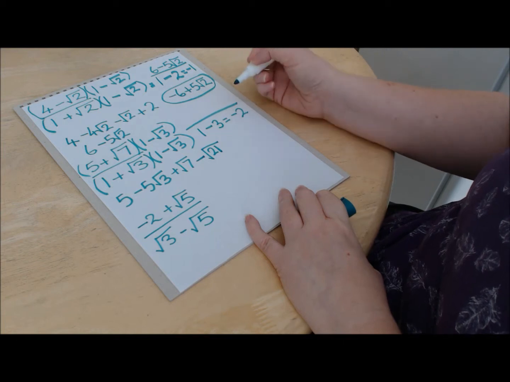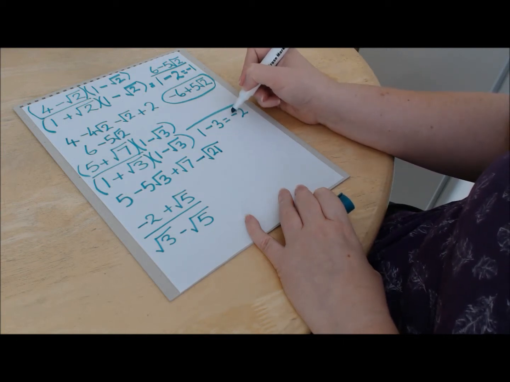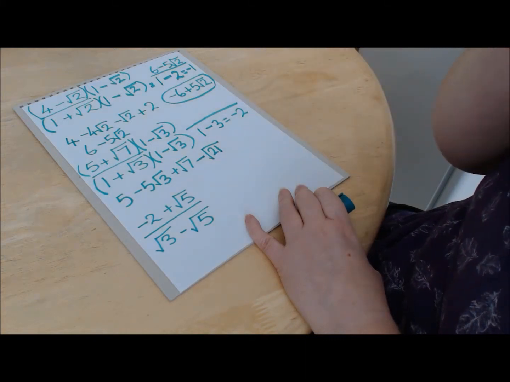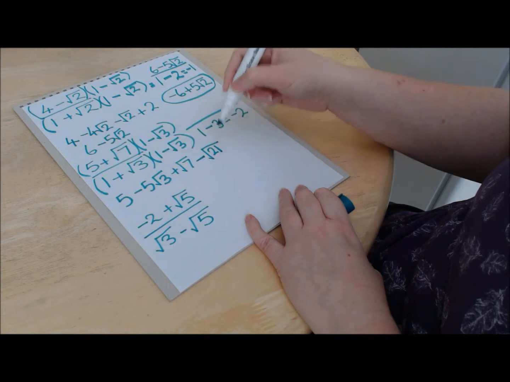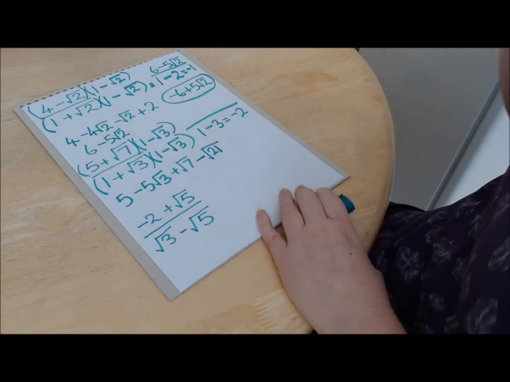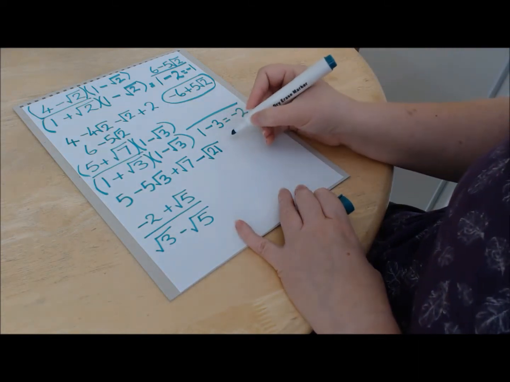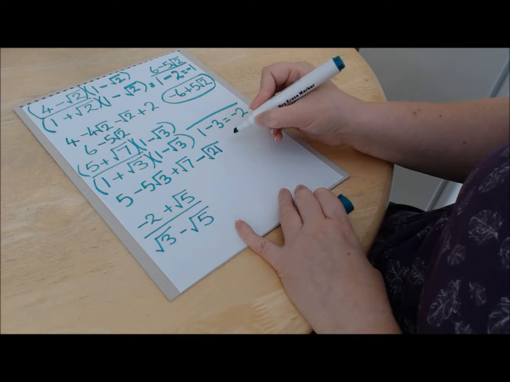Okay, so the only thing I might do here is, because that's a minus 2 on the bottom, and I prefer not to have a minus 2 on the bottom, we might change all the signs on the top and have it over a plus 2. So that would mean we would end up with an answer that looks like this.